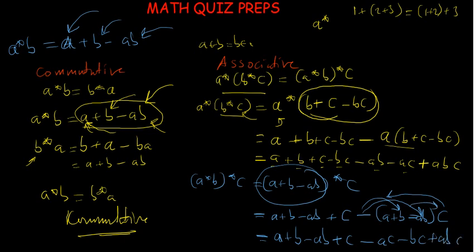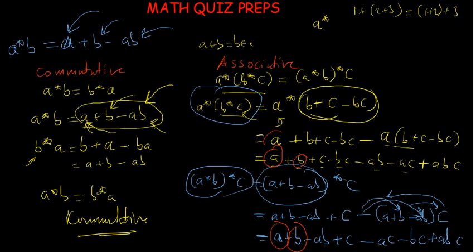Now is this the same as that? What we can see is we have got a there, we have got a, we have got b, we have got b, we have got c. Do we have c here? It is there.